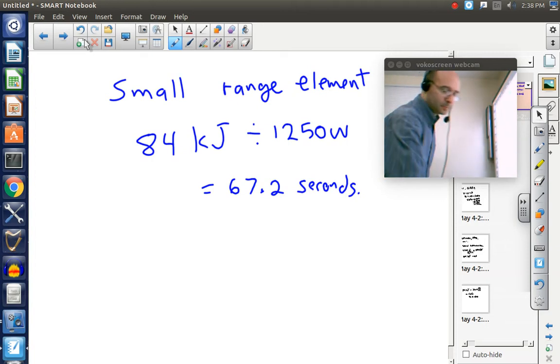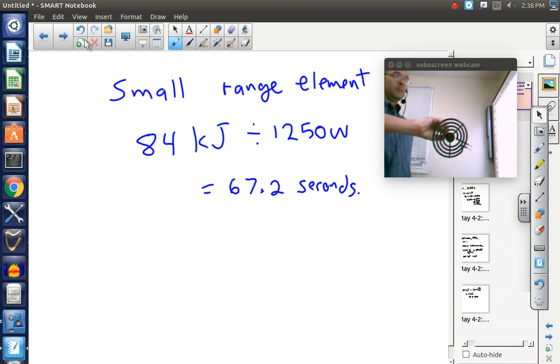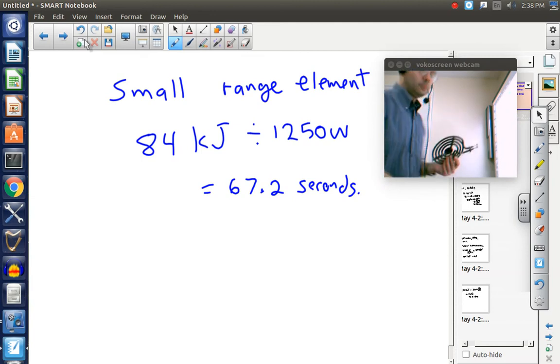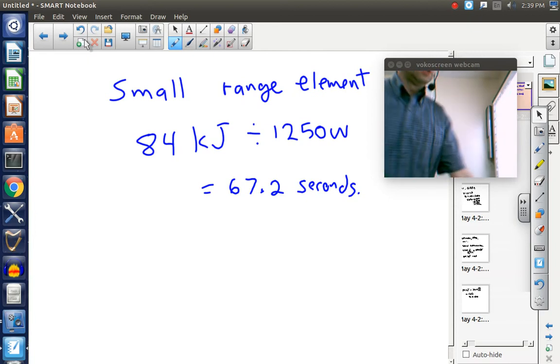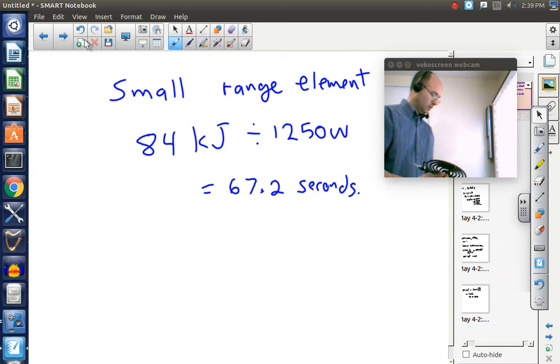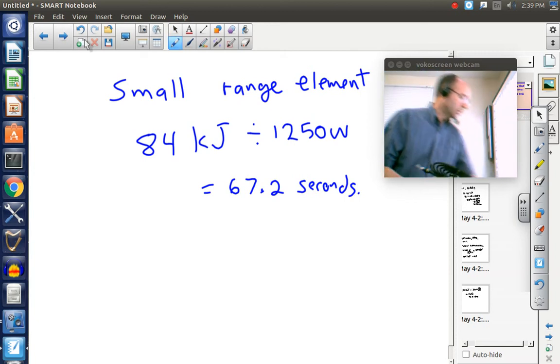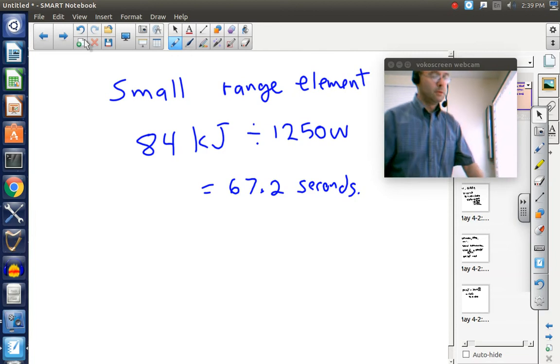So this guy is going to heat my water up almost twice as fast as my microwave. Now to be done, I've got the larger burner here. Let's pick another color for the large guy.